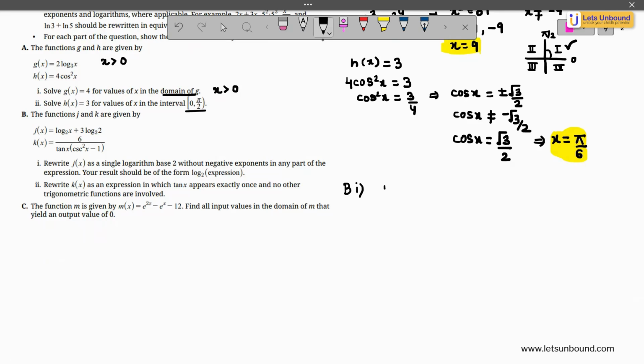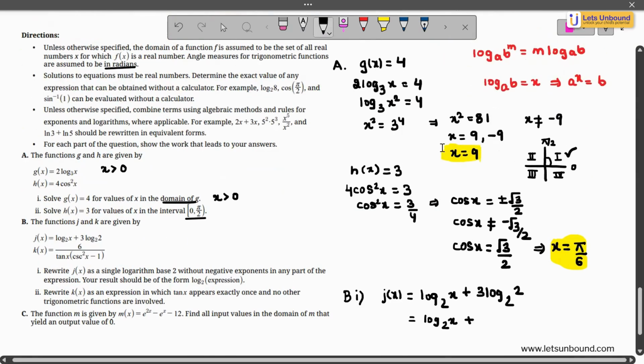The expression that is given for g(x) is log base 2 of x plus 3 log base 2 of 2. First, log base 2 of x cannot be simplified further, so we just keep it as it is. For 3 log base 2 of 2, we will use again the same rule that we used in the A part. The 3 will be raised to the power 2.